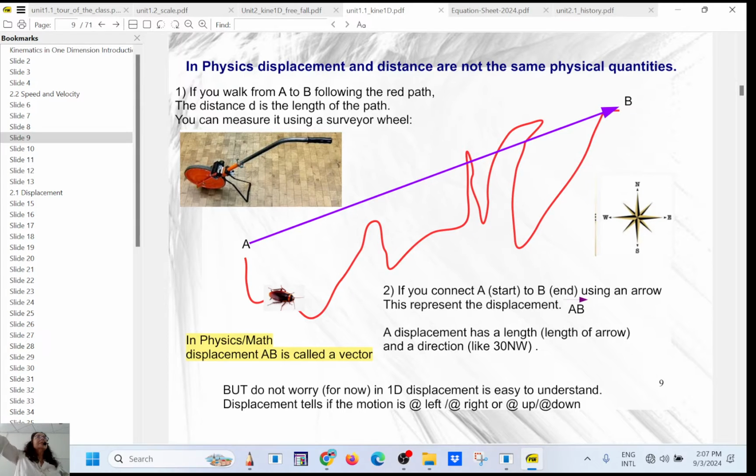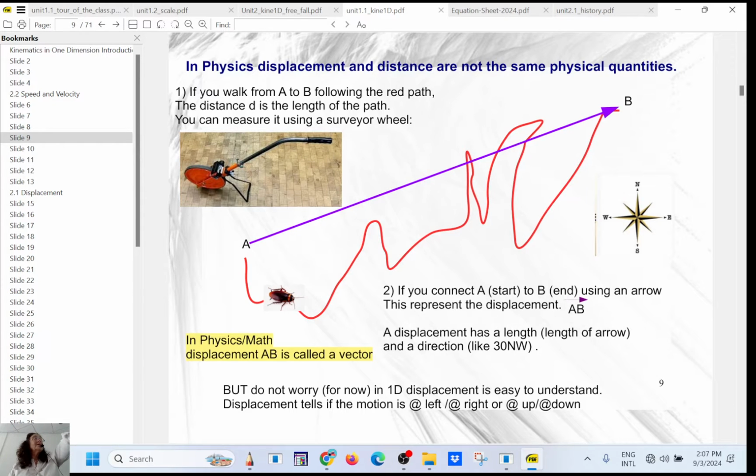The distance will be the length of the path, with all the curly thing until it stops there. But what we call in physics the displacement, you will have to connect the initial position to the final position. So that will be a vector.